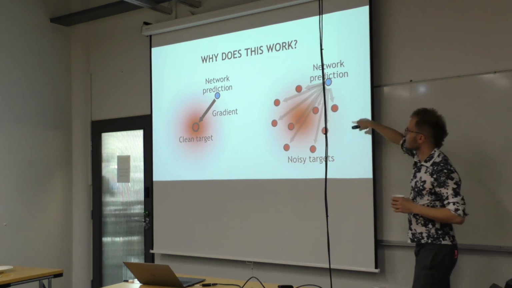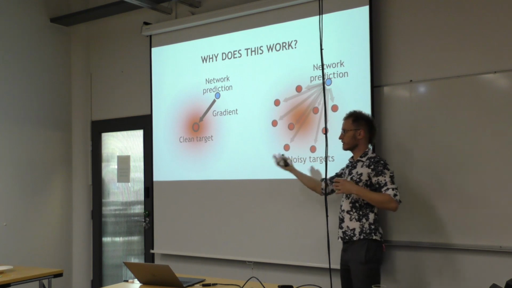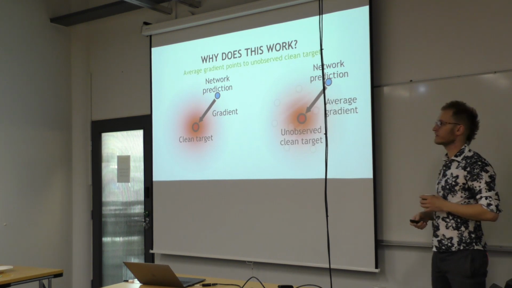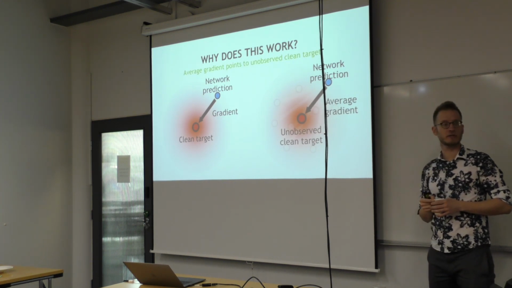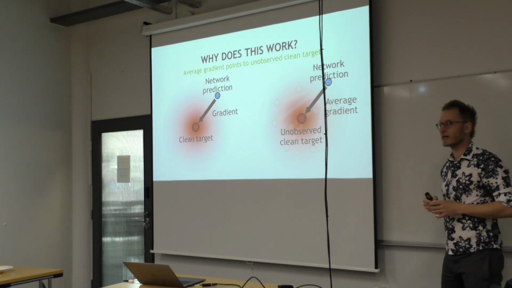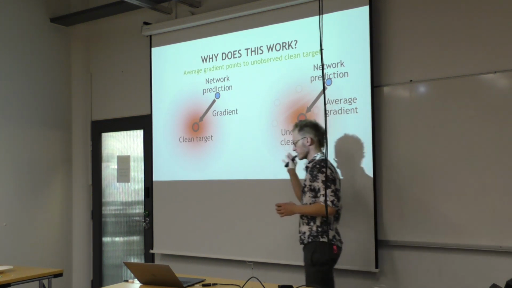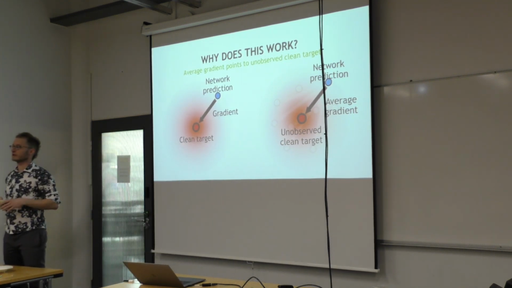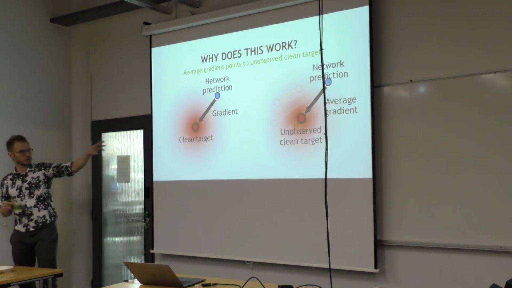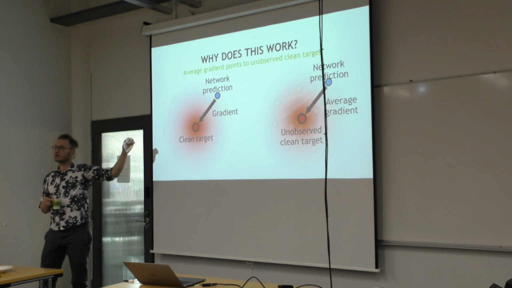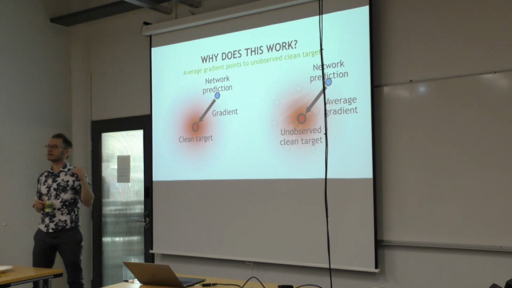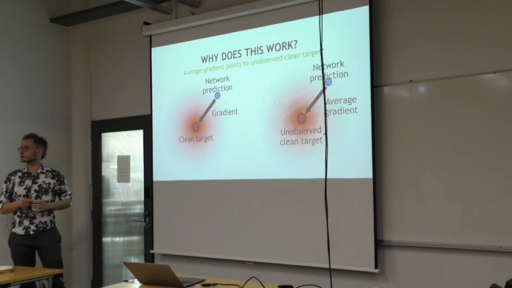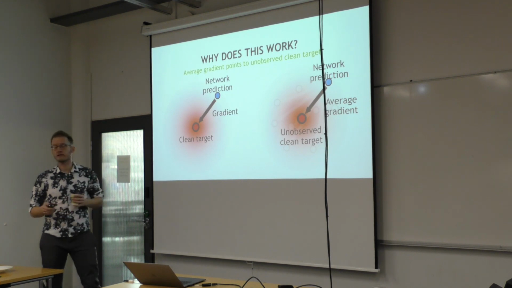But because these targets are drawn from such a distribution that their expectation is correct, on average their gradient will actually point towards the right direction. At least, this is all hand-wavy at this point, but given infinite training data, and if your targets are correct on average, then the expected gradient is correct, and the optimum of the learning problem is actually the same as if you'd observed the clean thing.